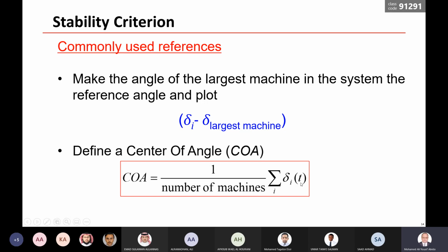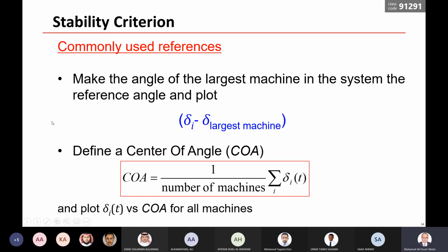Center of angle equals the summation of all angles over the number of machines, so you have the average of all the angles. Then you can plot delta I versus the center of angle of all machines.